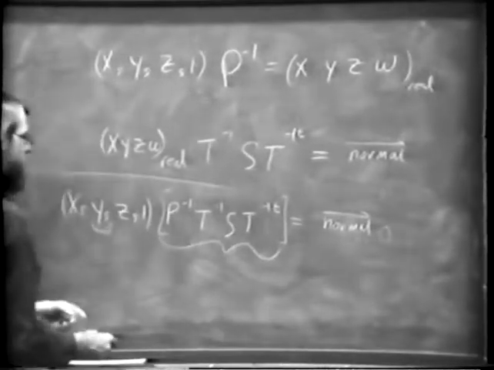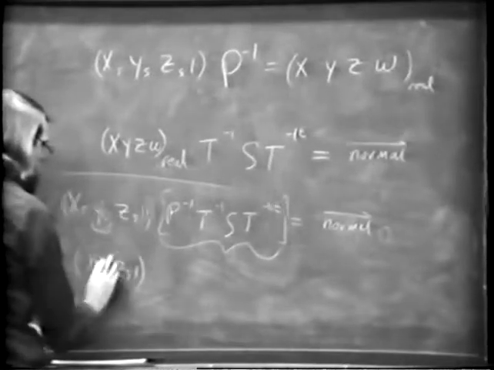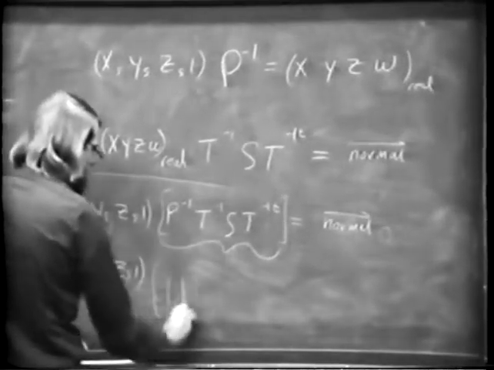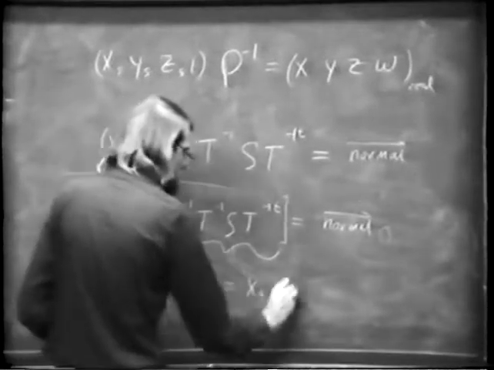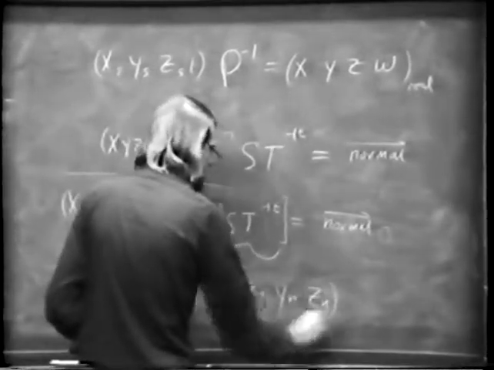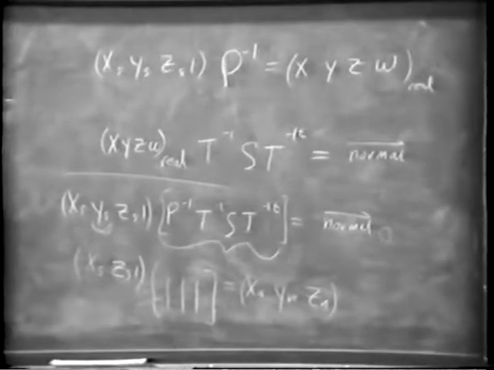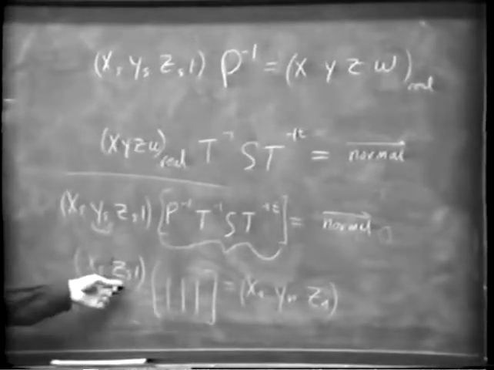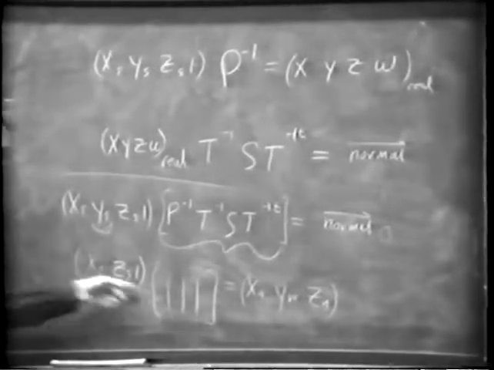And so within the x loop, you have xs zs 1 times a 3x3 matrix gives you the 3 elements of the normal vector.